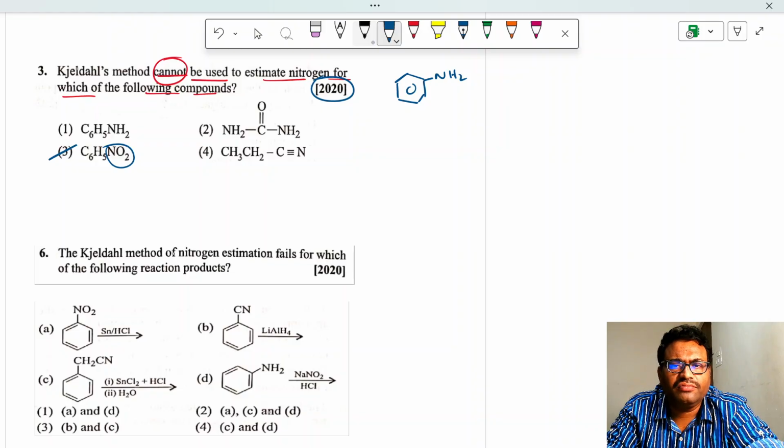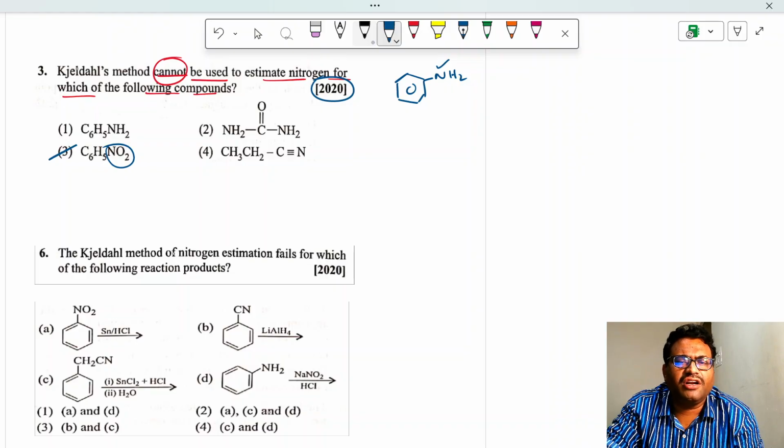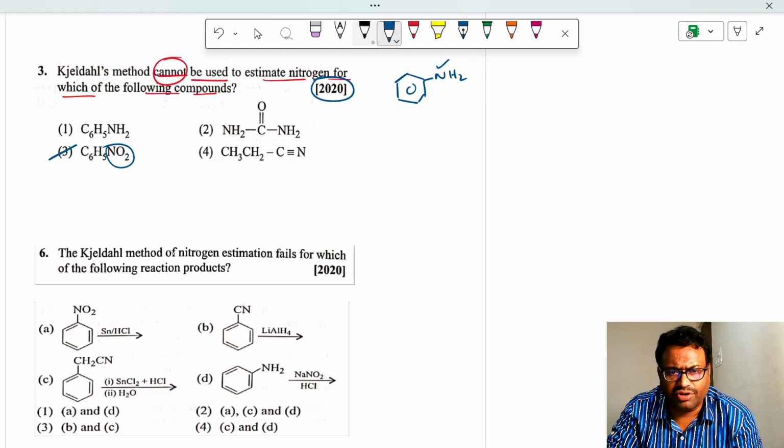No, it is associated with carbon and hydrogen. Here also it is not, and in the third option also nitrogen is not associated with nitroso, in the ring, or in diazo compound.